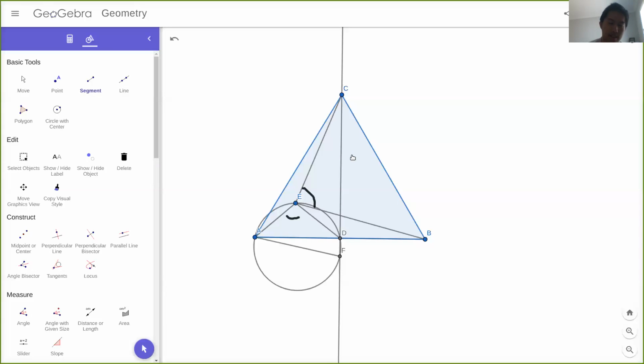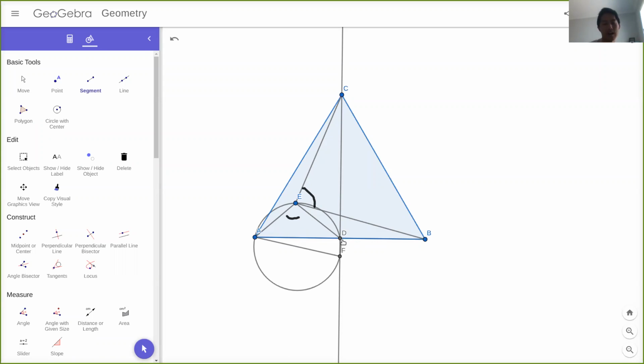So how do we do that? How do we relate angle AFD to angle BEC? One of the ways we can relate it is by renaming.